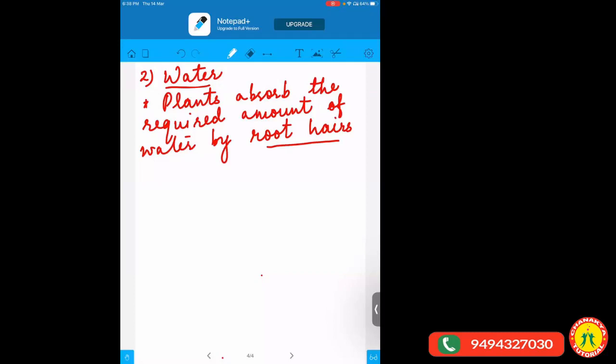The plants absorb the required amount of water by root hairs and pass it on to the leaves. What is the name of the tissue through which they pass the water from the root to the stem? Xylem. Very good.